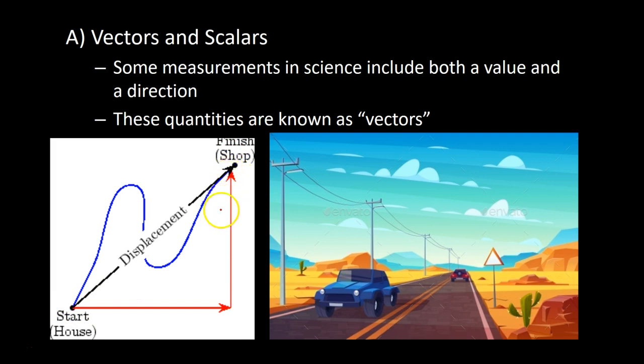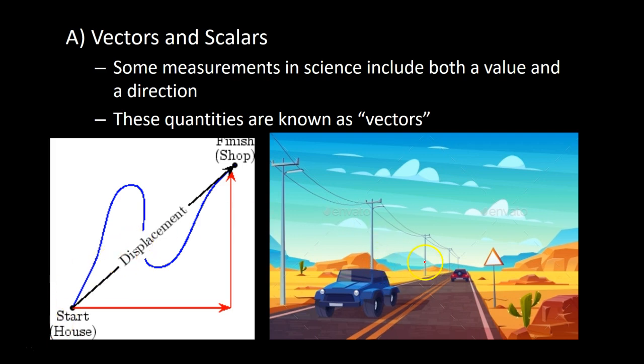It'd be silly if you said something like, walk 5 blocks. That's very unclear. You would maybe say walk 5 blocks north, or leave your home, turn right, and walk 5 blocks. So displacement, comparing one position to another, is a vector because going up and to the right is a very different displacement than going, say, down and to the left.